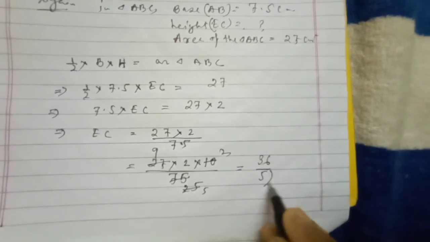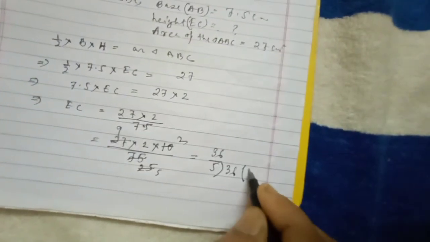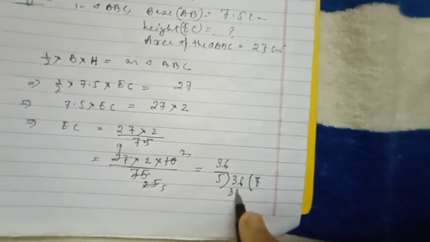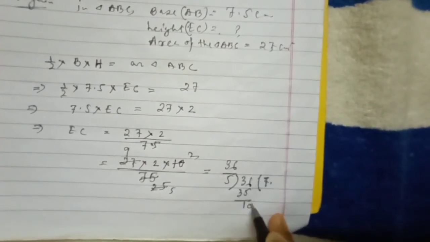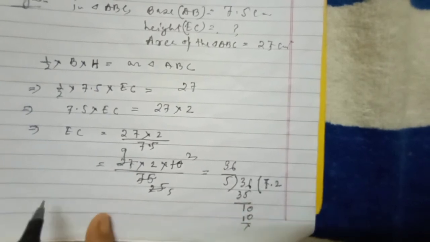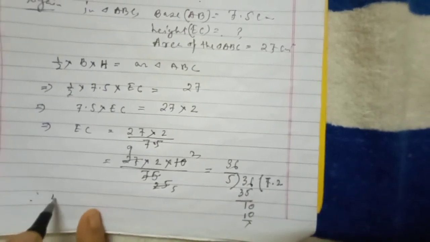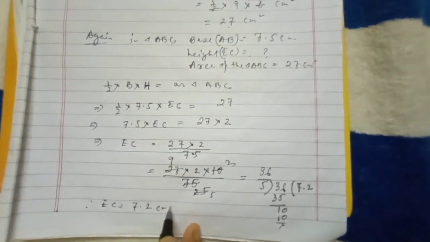If you divide it, what you get? 36. 5 7s are 35. 1. Take a point here. 10. 5 2s are 10. So what is the length of EC? Therefore EC is equal to 7.2 centimeter.